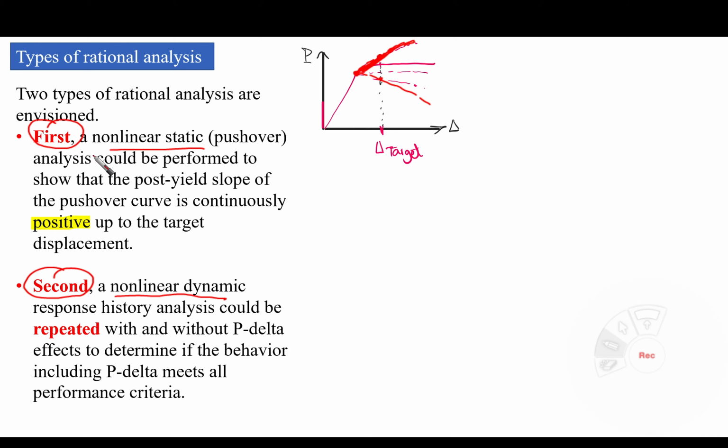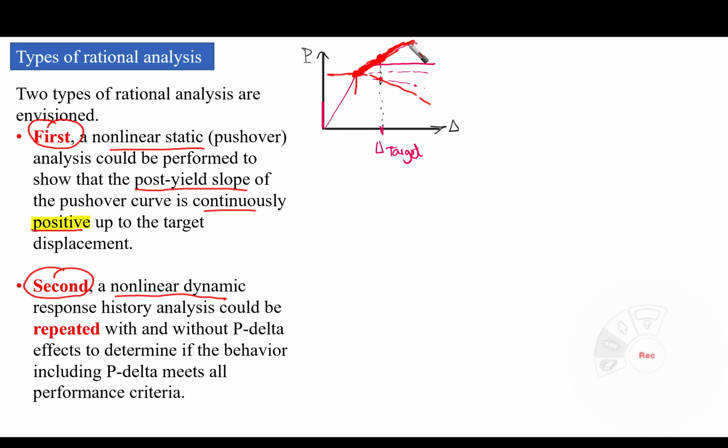And this is what I put here. A nonlinear static pushover analysis could be performed to show that the post-yield slope is continuously positive. This is the yield point here, and this is the post-yield slope of the pushover curve. This is positive here, okay?